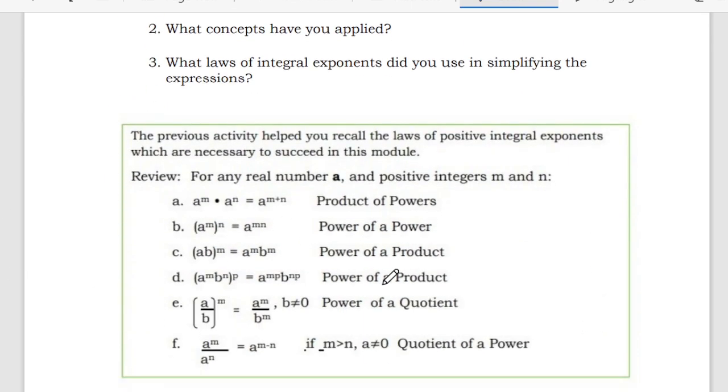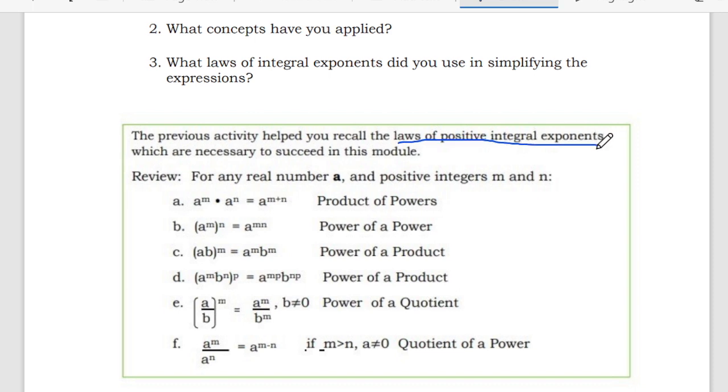These are the laws of positive integral exponents which are necessary to succeed in this module. So we have a review. A raised to m times a raised to n is equal to a raised to m plus n. That is the product of powers.